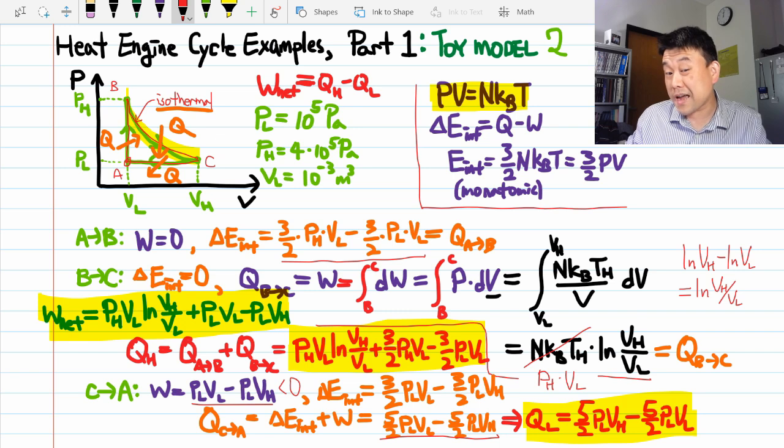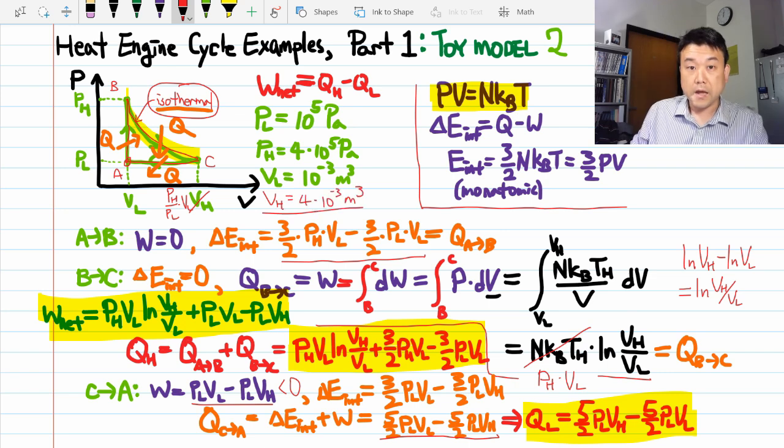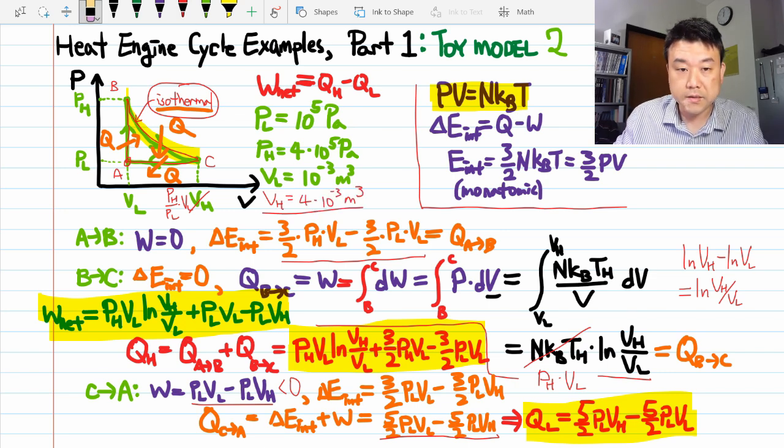And as it turns out, because we specified this process to be isothermal, we don't actually have freedom to pick our high volume point. This has to be PH over PL times VL. So our high volume point has to be 4 liters. Alright, let me clear out some space here so that I can plug in numbers.